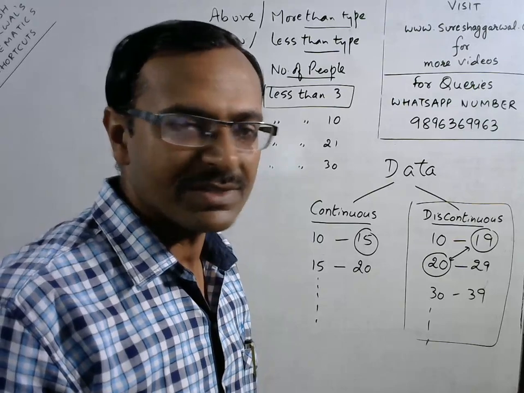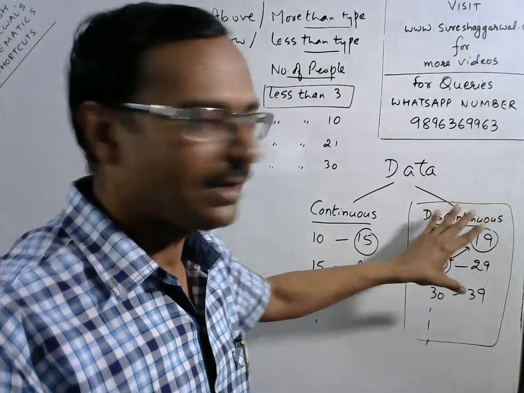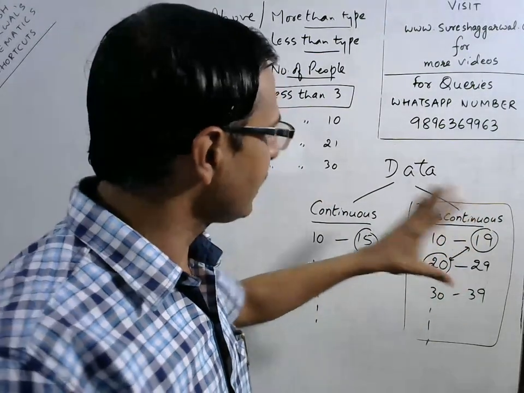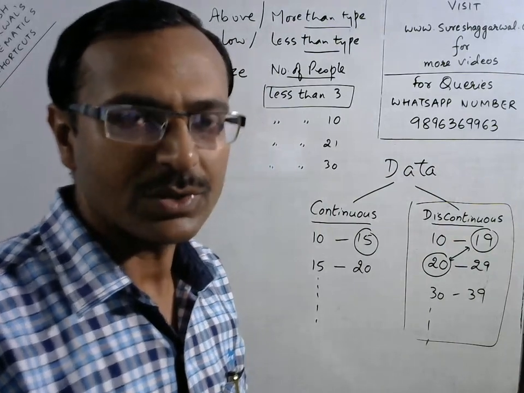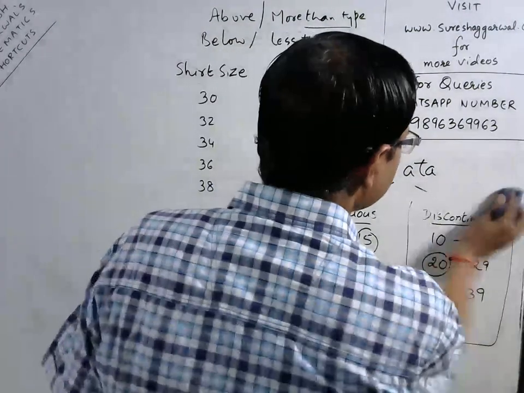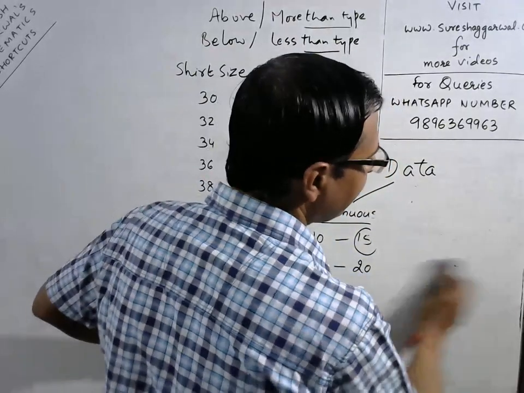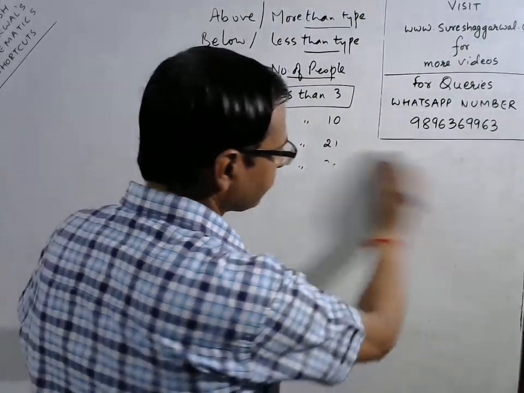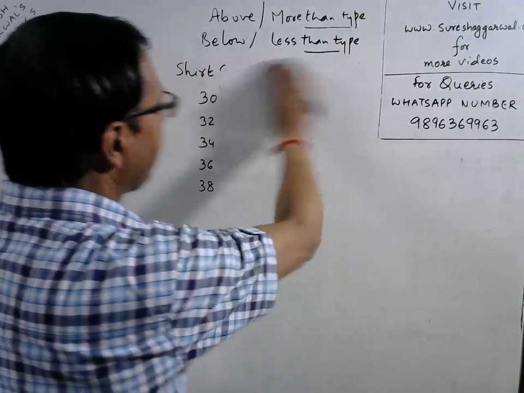So the first concept today which I am going to tell you is how to convert discontinuous data into continuous data, because if you do not convert discontinuous to continuous, obviously you are going to face a problem when you solve the question of mean, median or mode. So let us take some examples of discontinuous data and we will try and convert that data into continuous form. I'll take a very small example so that we save time.